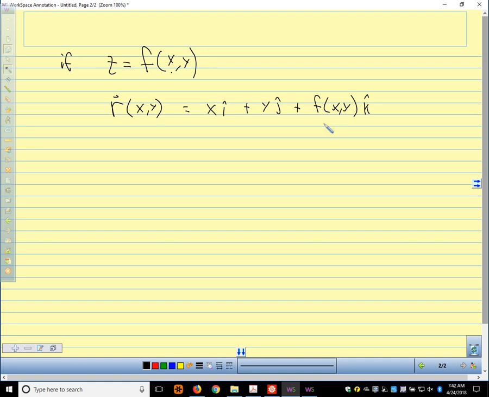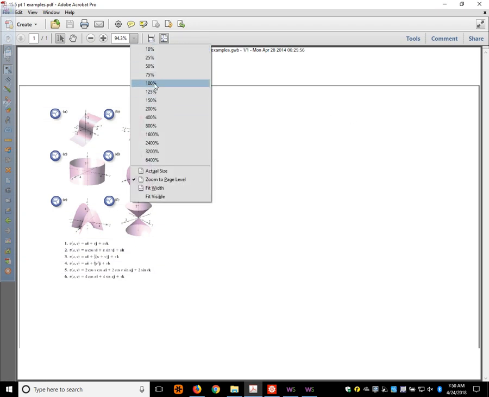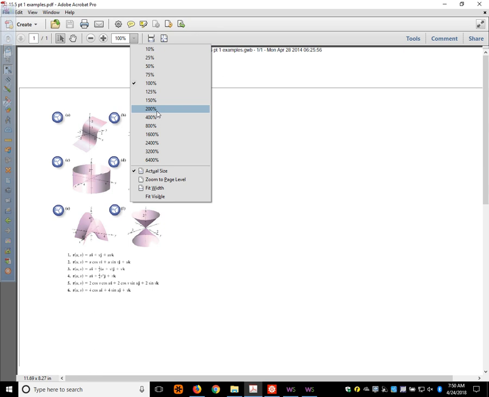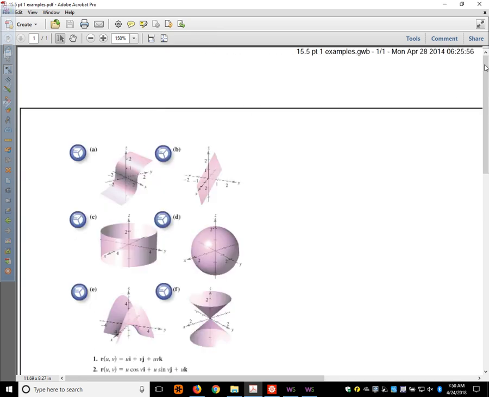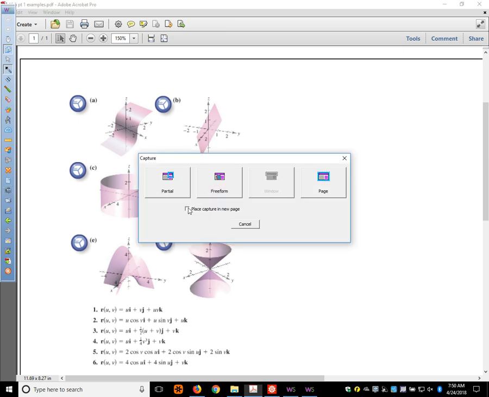All right, so the first thing that I want to do is look at some graphs and match the graphs to their parametric representations. So let me grab that picture. Let me zoom in, make it a little bigger.